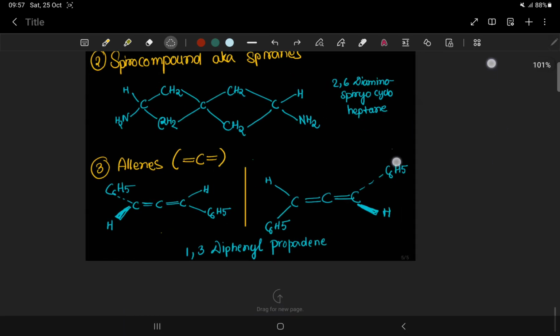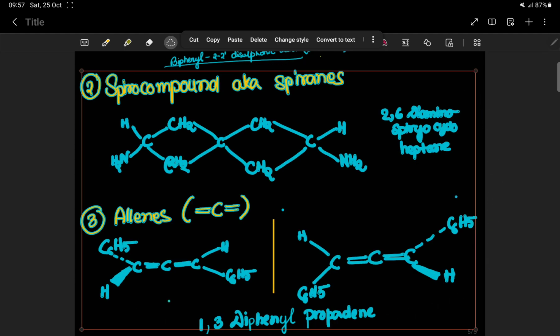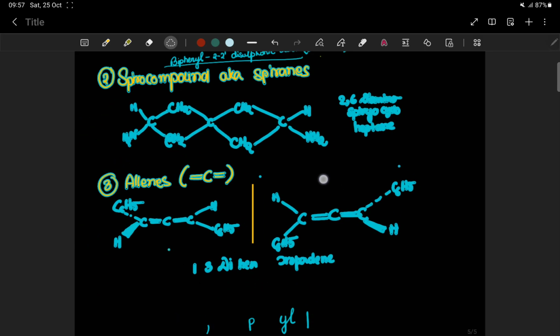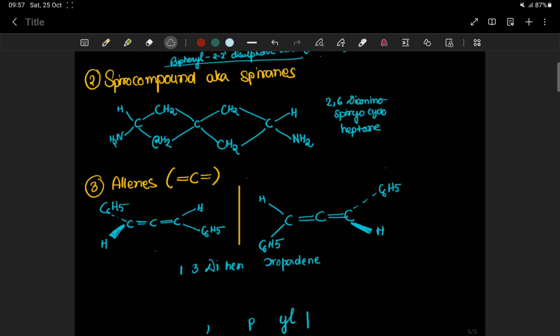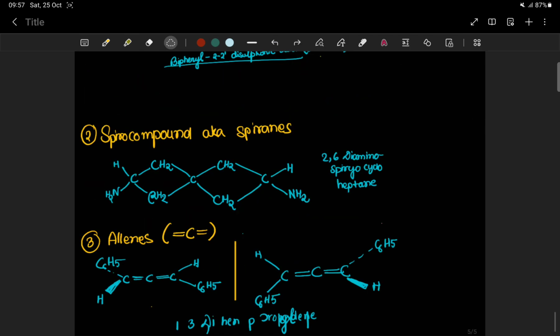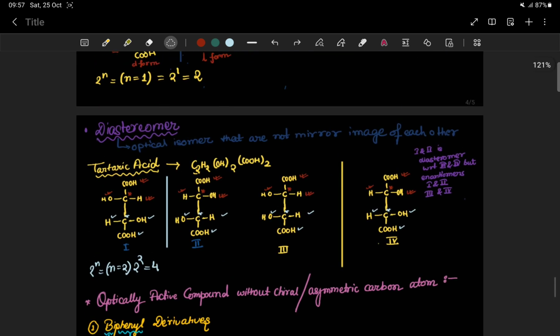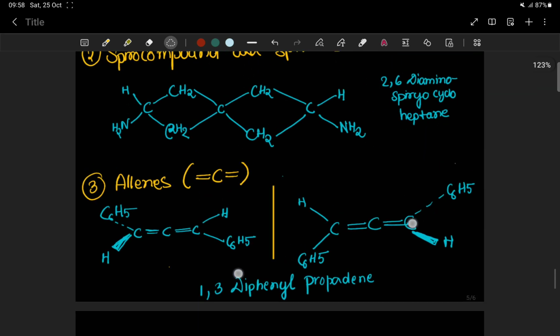Let me finish it. I'm just adding a new frame and writing the conditions for an optically active compound.